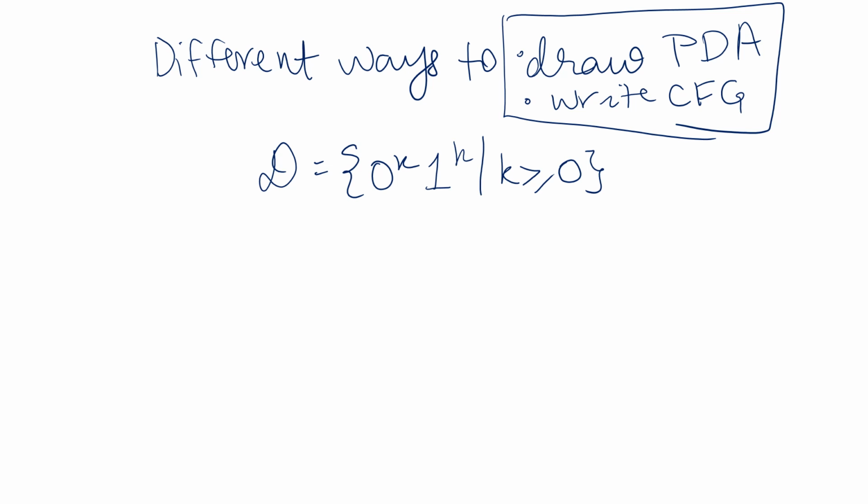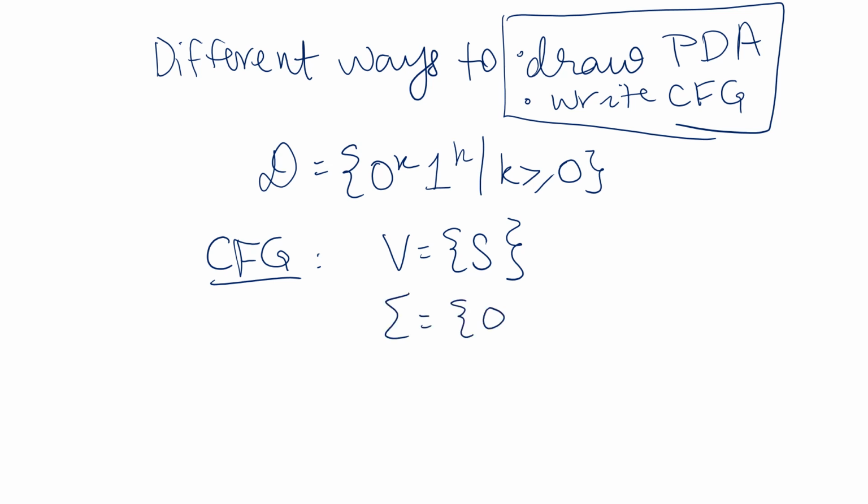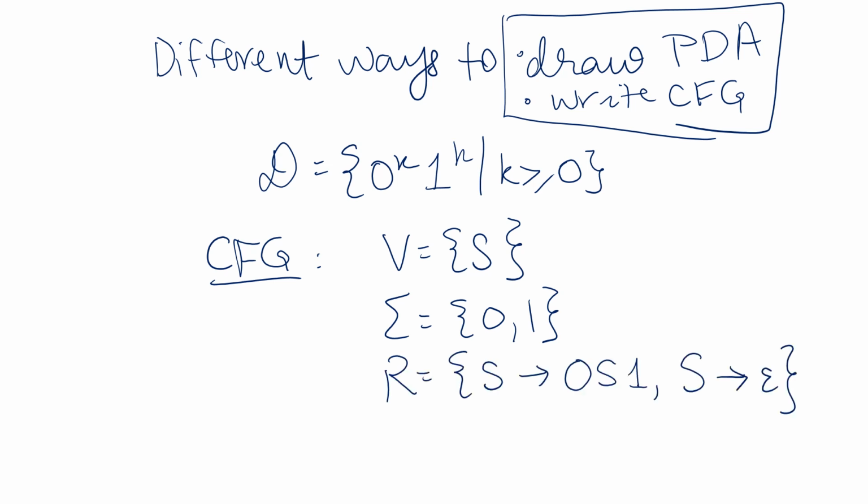Here's another way to write a context-free grammar that's different from what we had on the previous slide. We'll have phi be this start state S, sigma will be 0 and 1, and then I just have two rules, which is S goes to 0 S 1, and S goes to epsilon. And so this is just a little bit shorter than what we had on the previous slide, but it's equivalent.